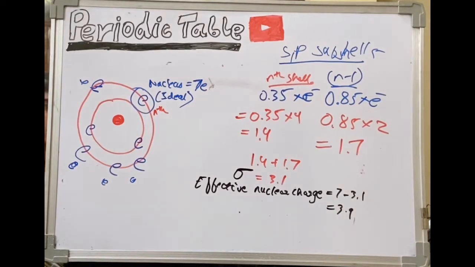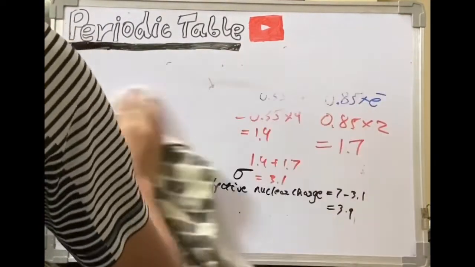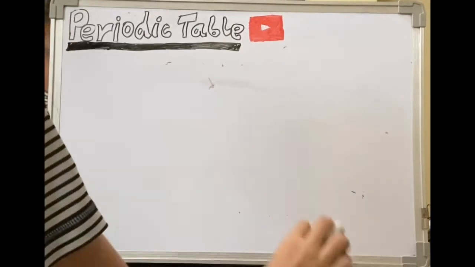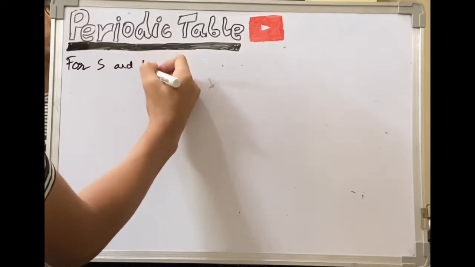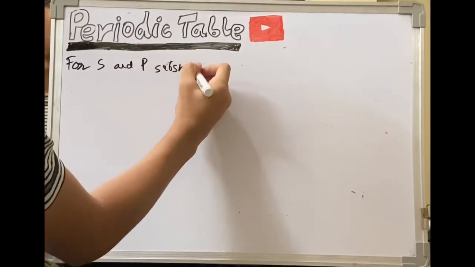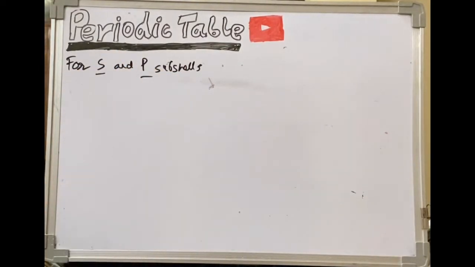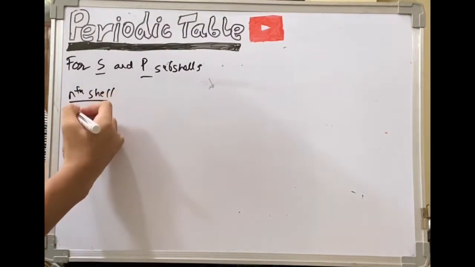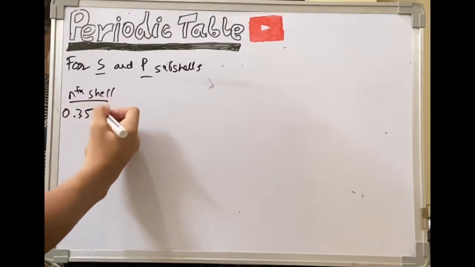I didn't tell you the complete formula over here, I'll just tell you that. For S and P subshells, this means that the electron is in either S or P subshell. In the nth shell, each electron will protect it by 0.35.